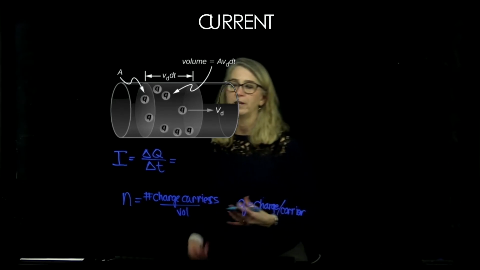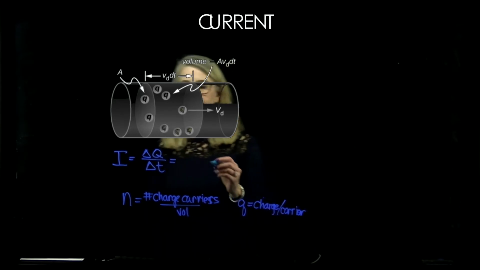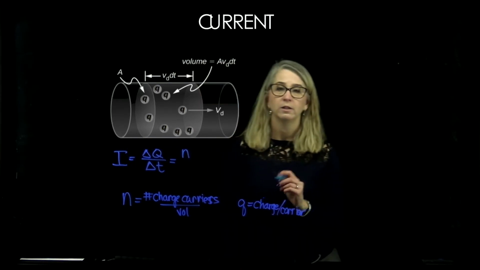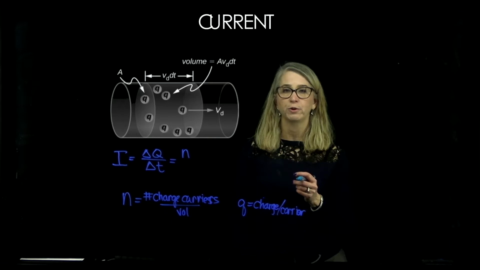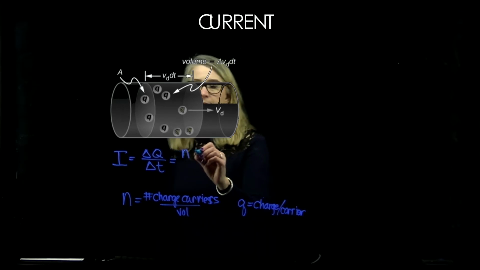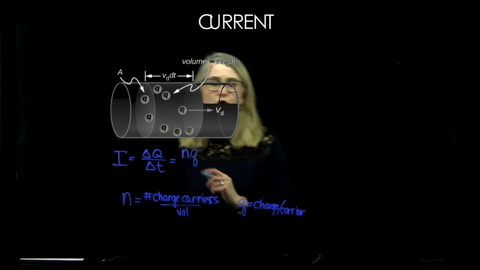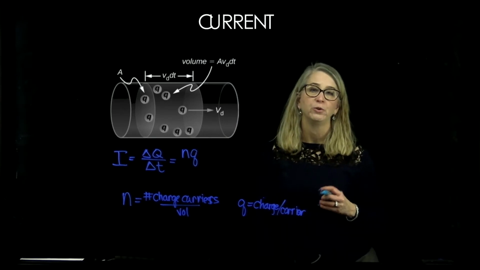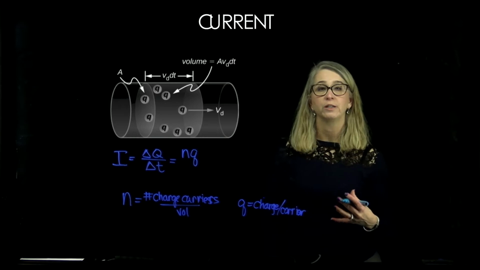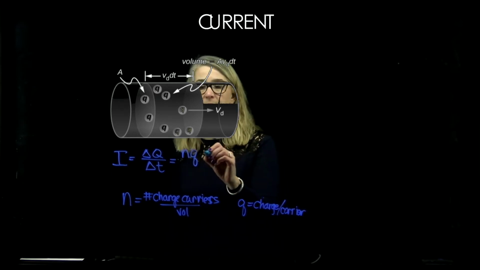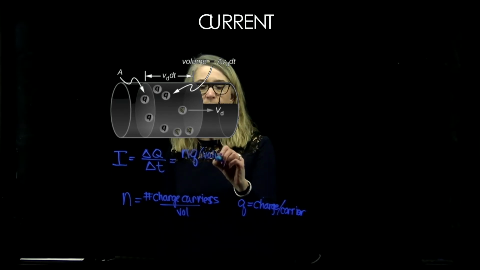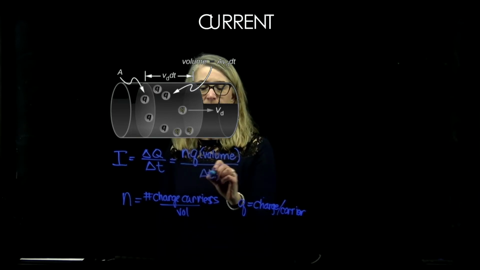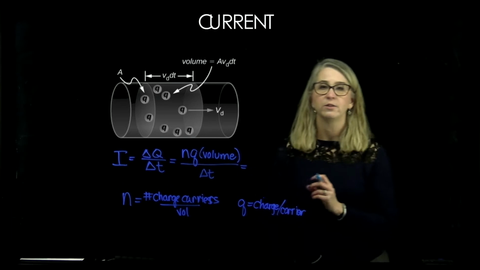So the total amount of charge that I'm going to have is going to be equal to the number of charge carriers per unit volume times the charge that they each have, but then I have to write an expression that talks about the volume. So I might just call this volume right now and do another step, and then this is delta T. So what is the volume?